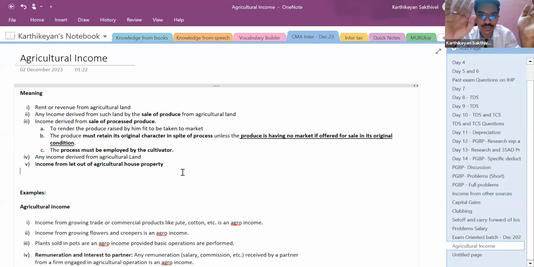So if he is going to do that, he should have a dwelling which is very close to the agricultural land.